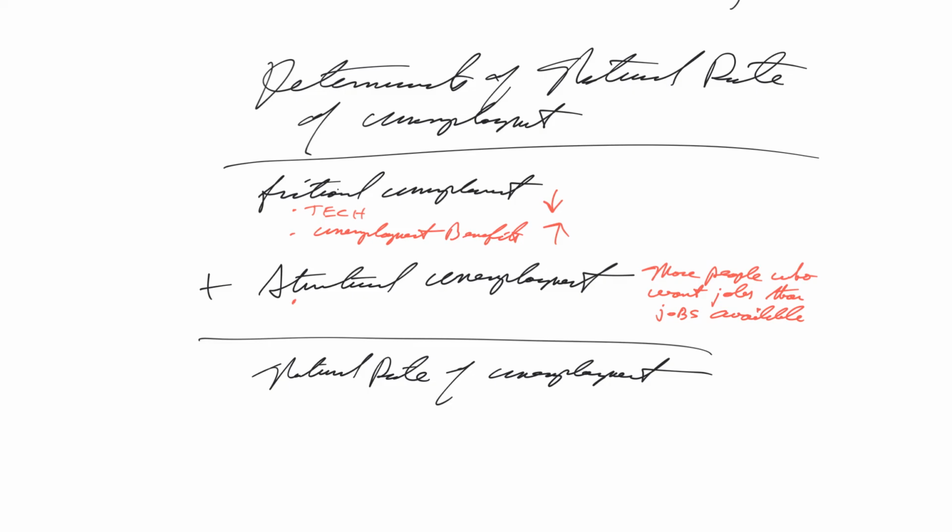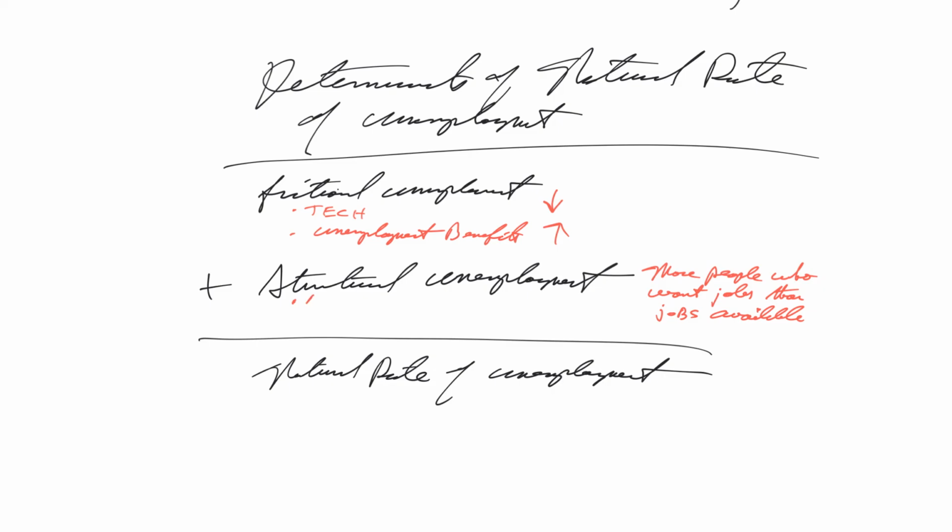It could be because the kind of jobs don't match up, like you got the unemployed cement workers, okay? There are more people who want jobs in cement than there are jobs available. So there's structural unemployment there in the previous example. Well, that's the bottom line. And there could be more people who want jobs than jobs available for a few reasons.